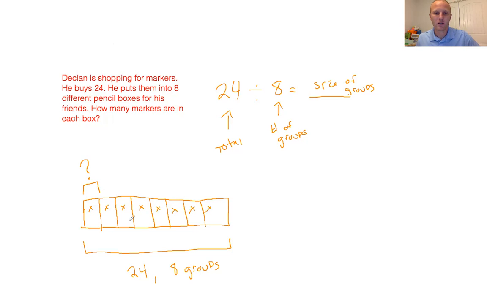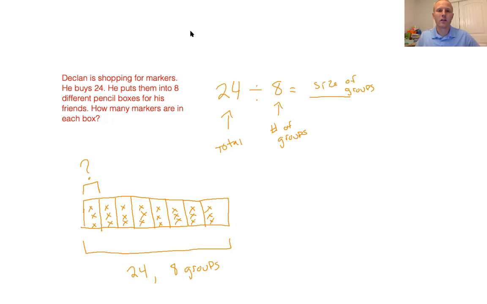So I've done 8. 16, 17, 18, 19, 20, 21, 22, 23, 24. I'm out of markers, or Declan in this case is out of markers because he's given them all out.